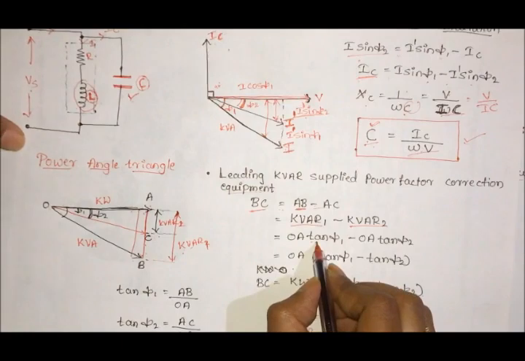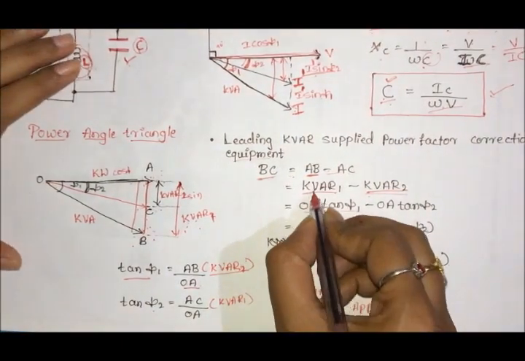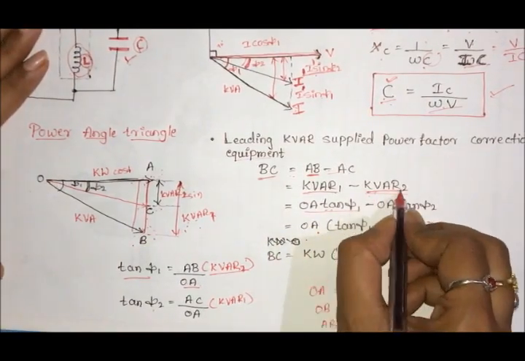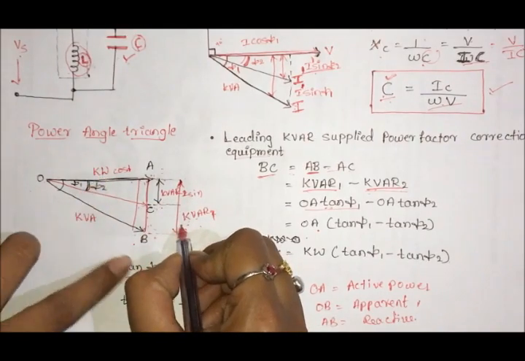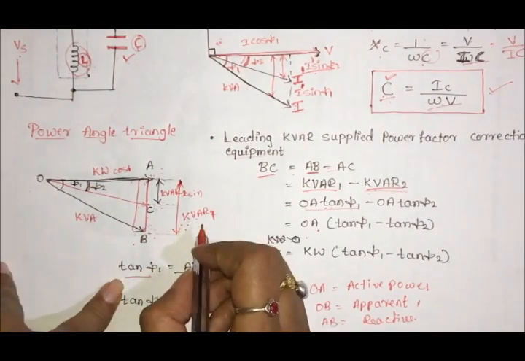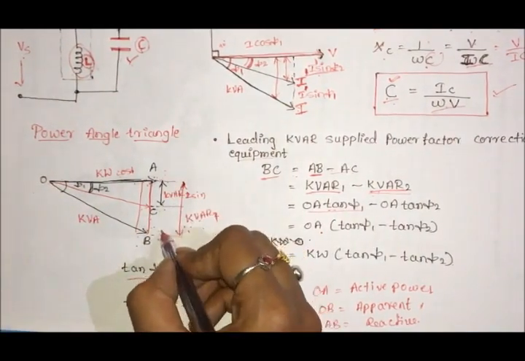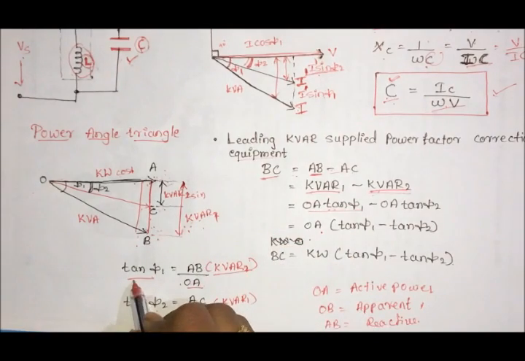You can see here kVAR 1 and kVAR 2, how are we going to find them? This is cos theta, this is sin theta, and the reactive power is tan theta, sin by cos. So tan theta is equal to AB divided by OA, meaning tan phi 1.